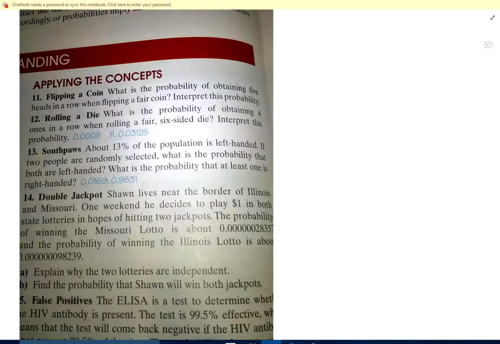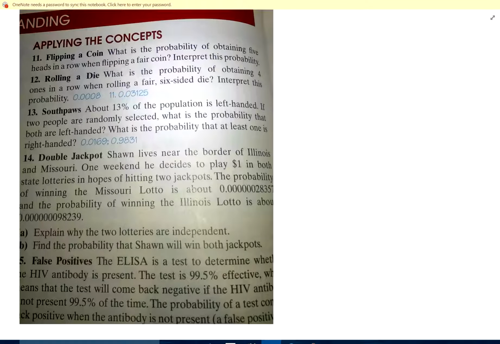All right, 11. Flipping a coin, what's the probability of obtaining 5 heads in a row when flipping a fair coin? So probability of getting heads, heads, heads, heads, and heads. Well, that's the probability of getting a heads times the probability of getting heads, and they're all independent, so one doesn't affect the other.